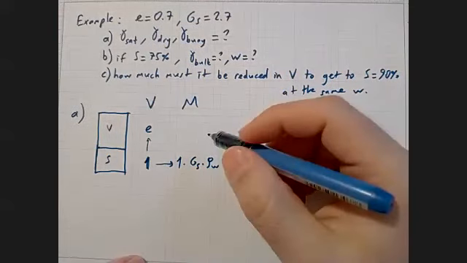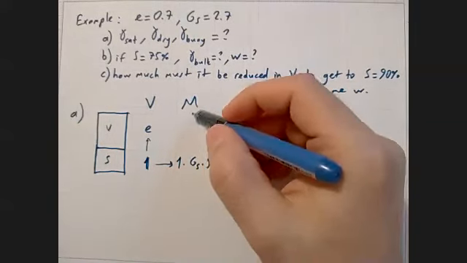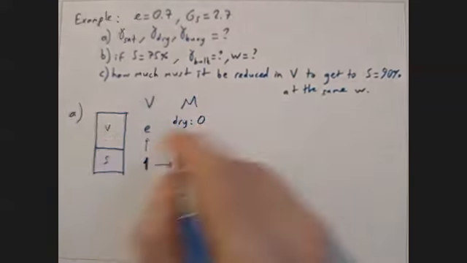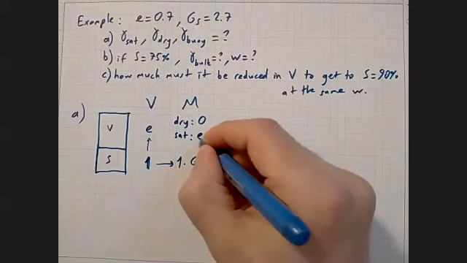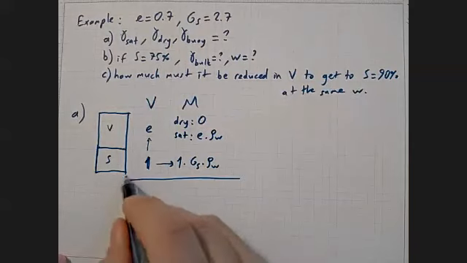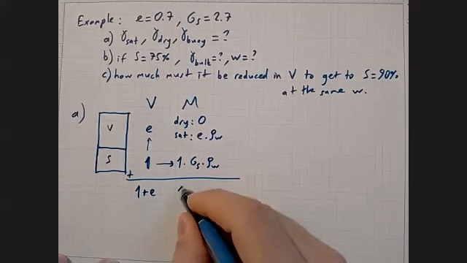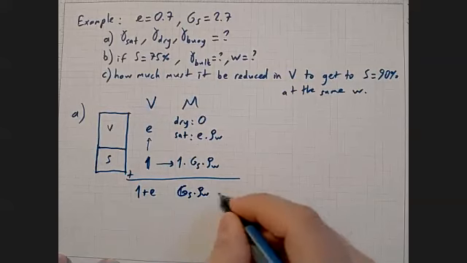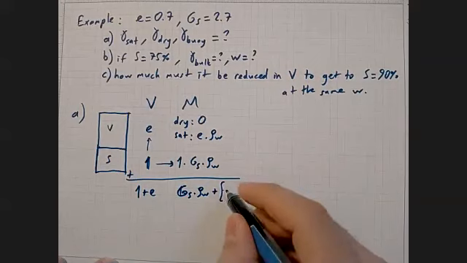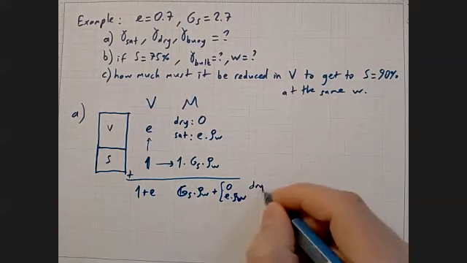So for dry, this mass will be 0. For saturated, this voids will be filled with water, so it will be E times rho W. So if I sum these up, my total volume will be 1 plus E. My masses are going to be GS times rho W plus 0 for dry, E times rho W for saturated.